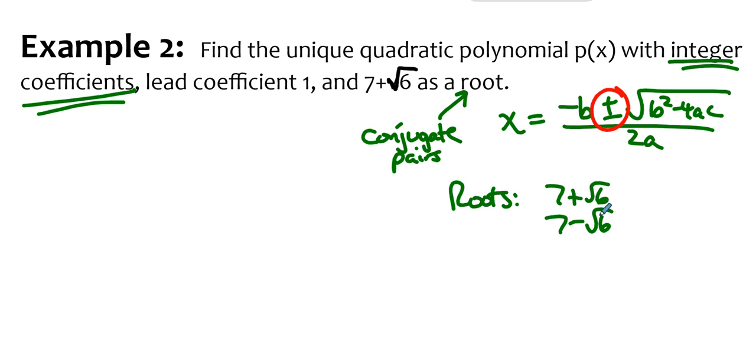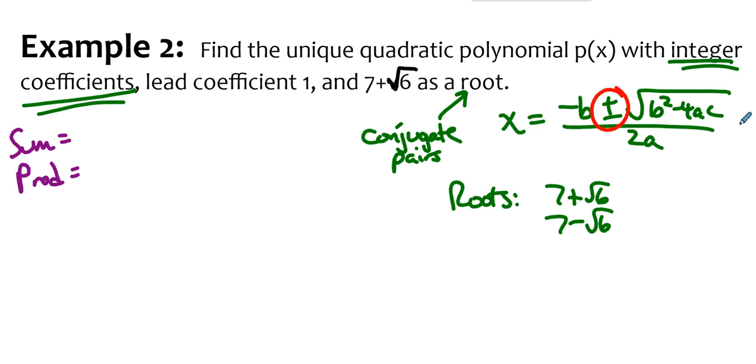So how do we use that? Well, we think about what the sum of the roots are and what the product of the roots are, and see if we can make a connection between the coefficients of the quadratic equation and the roots that they generate.